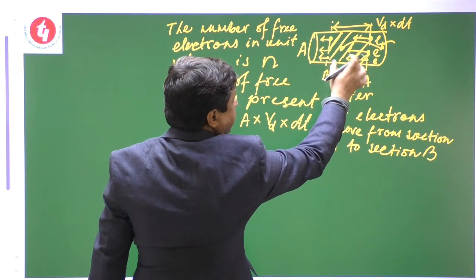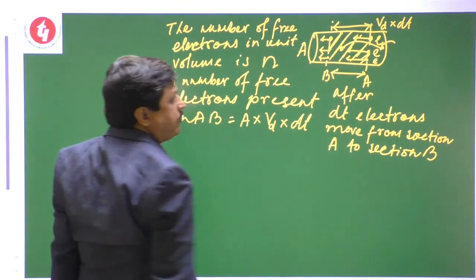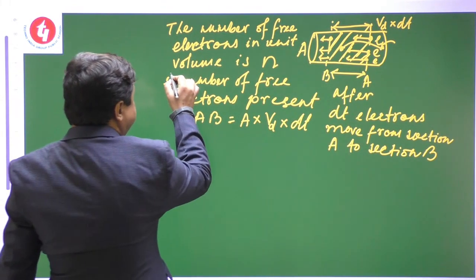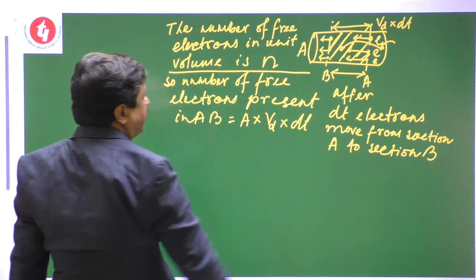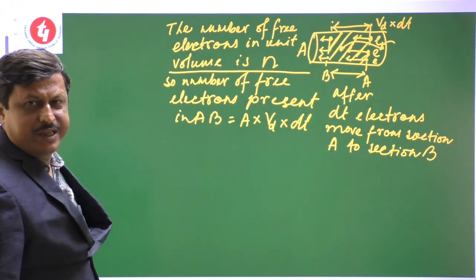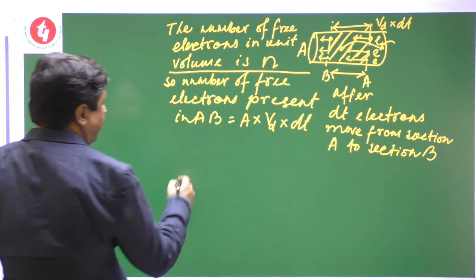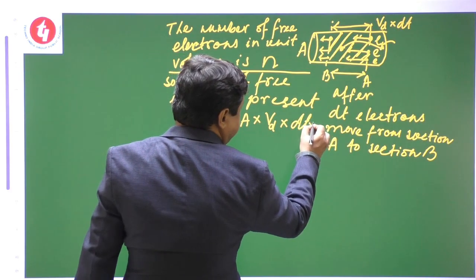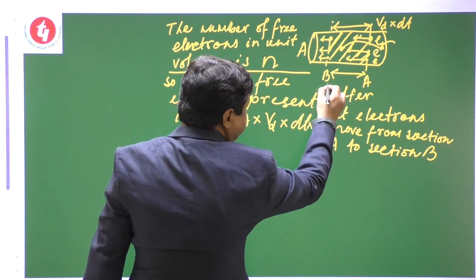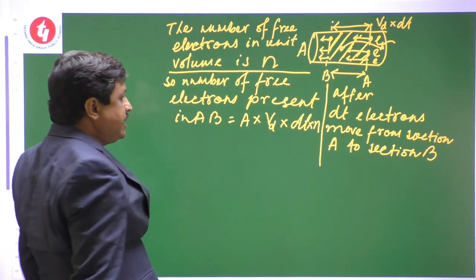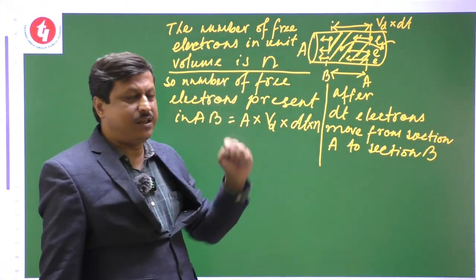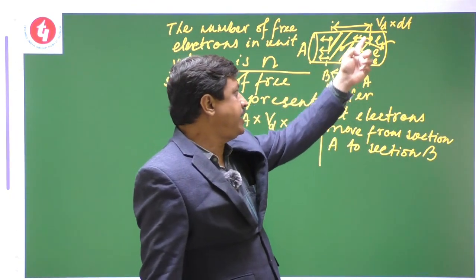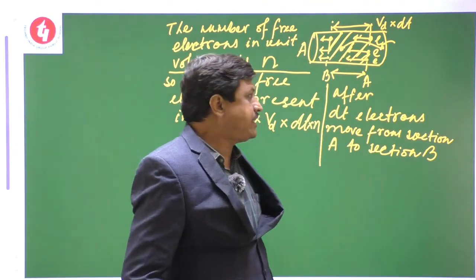This length into the area of cross section is the volume of the AB section. And the number of free electrons present per unit volume is n. So the total number of free electrons present in this section is this into n.